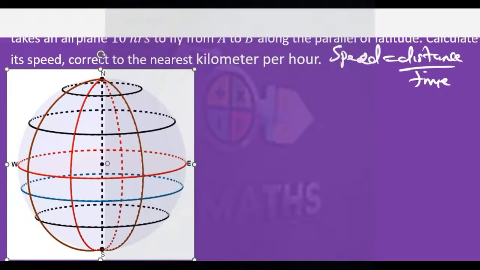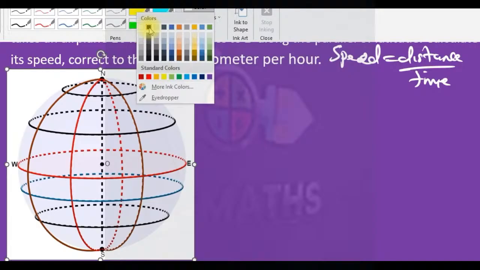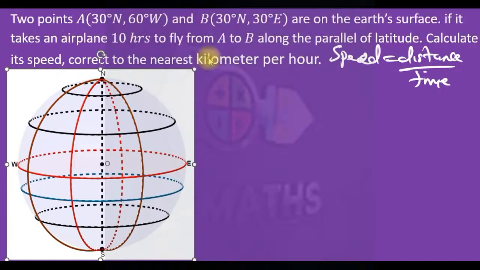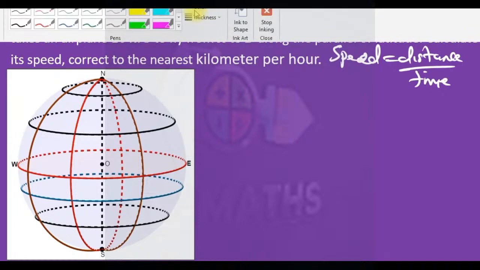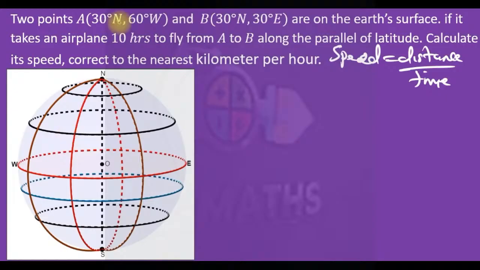Look at my globe. If I locate this, this is 30. They say 30 north, 60 west, while this is 30 north, 30 east. So they have a common latitude of 30 north.